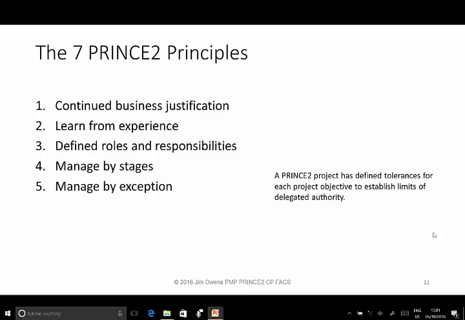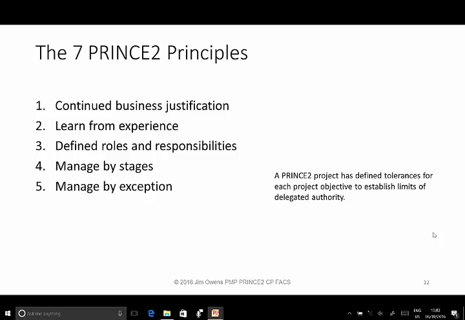As we have seen, managing by stages enables efficient use of senior management resources, but they still need to exercise control. So when a senior management authorises the next stage to proceed, they will delegate the management of that stage to the project manager. But at the same time, they will set tolerances against 6 objectives for the respective level of the plan.